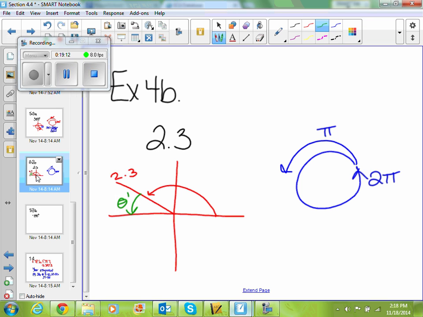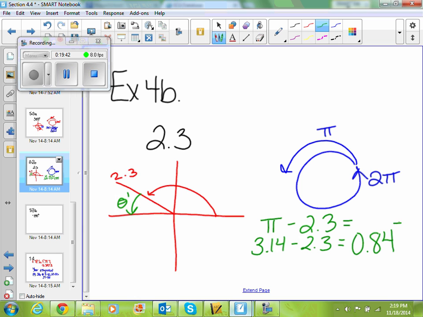In this case we're dealing with pi, because we're only going halfway around the circle. So I take pi minus 2.3, and pi is approximately 3.14. So 3.14 minus 2.3 gives me approximately 0.84 radians as my reference angle.